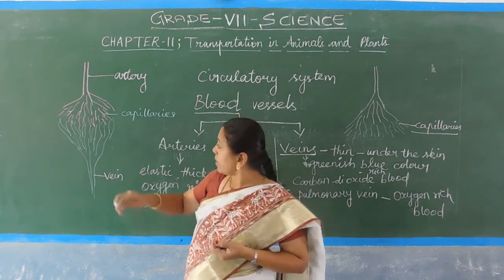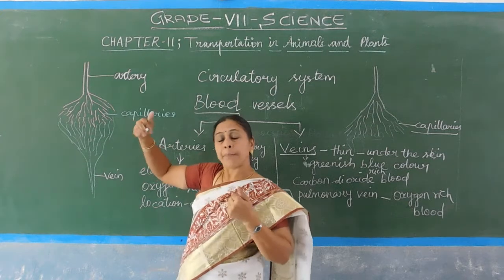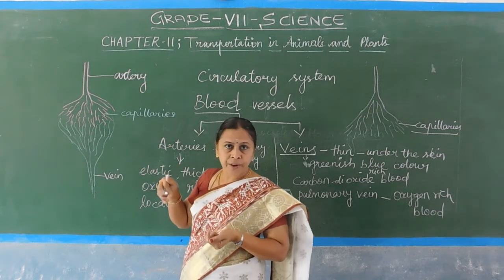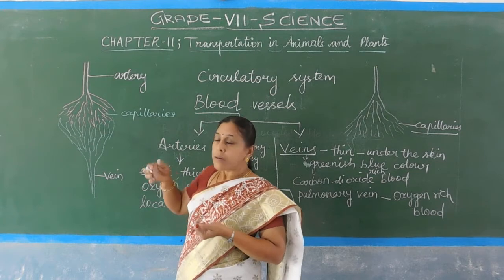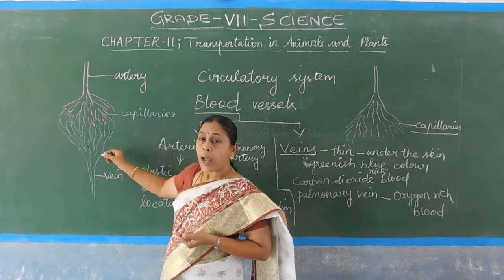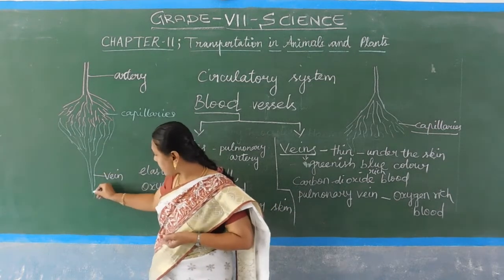They will finally divide into thin tubes and they will supply the oxygen-rich blood, and they will collect the waste from those tissues. So again, these capillaries unite together and form the vein, which carries the waste.